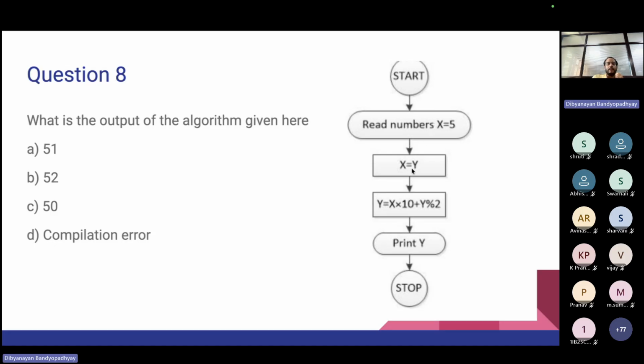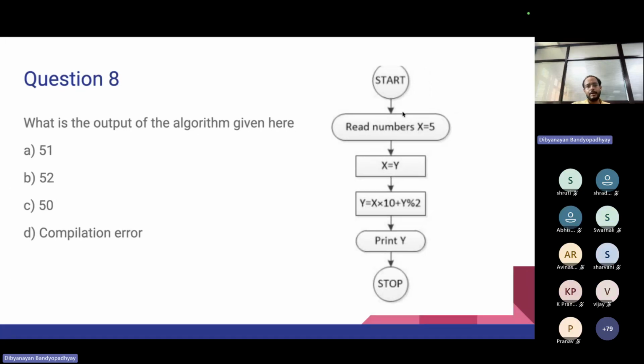Then x equal to y, what does it mean? You have to read from left to right. So y is some kind of variable and the value of y you are assigning to x. But have you defined y anywhere in the above part actually? Here, y is not defined. So even if it is written in the program like int y, some value will be assigned, right?